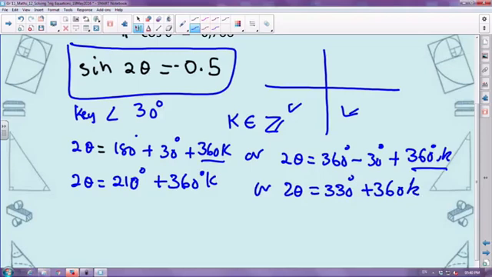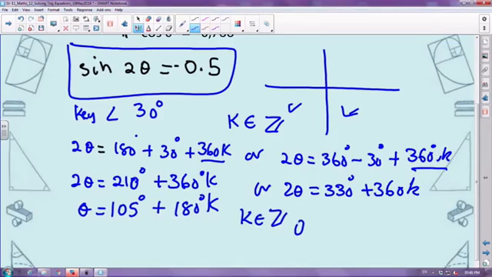Now, at the end of the day, your theta or your x or your beta or whatever you're solving for has to be the subject of the formula. So in this case, you've got your 2 theta. So theta will be 105 plus 180 degrees times k. And your k is an element of any integer.